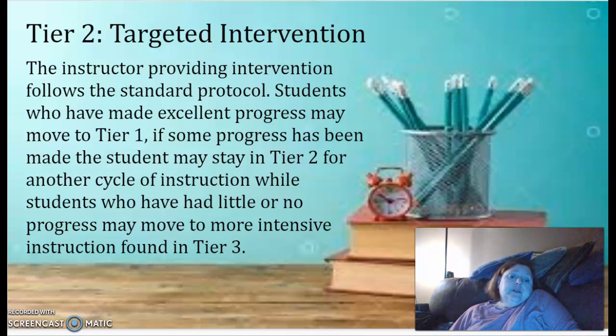Tier 2 is also for those students who don't make that progress in the first cycle of Tier 2; they can stay in Tier 2 a second time. And then, if they are still having difficulty, they can move up into Tier 3.